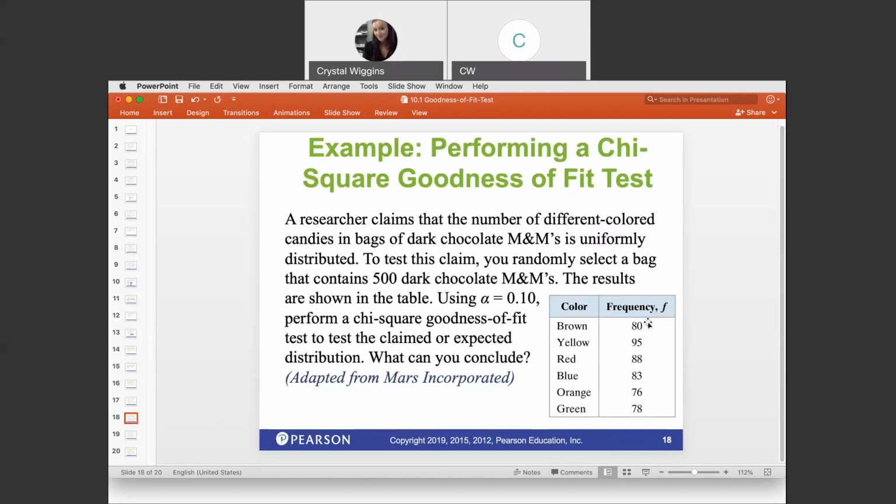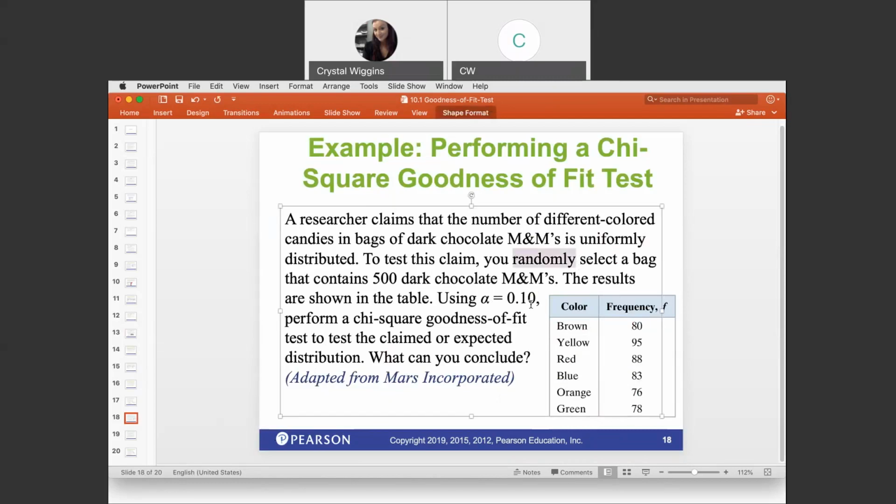This is the observed frequency, as those are the counts from the bag of M&Ms. Now let's do our test. Our test conditions: was this taken from a random sample? Although it doesn't use the words randomly, oh, it does. Randomly selected bag, so check.